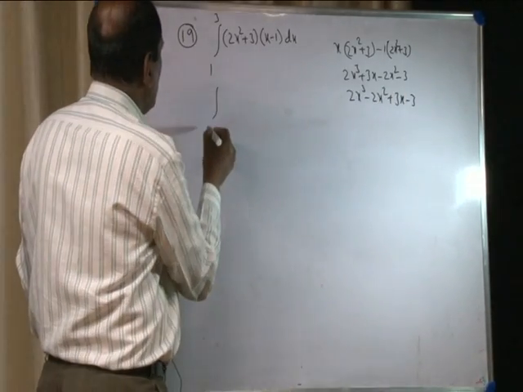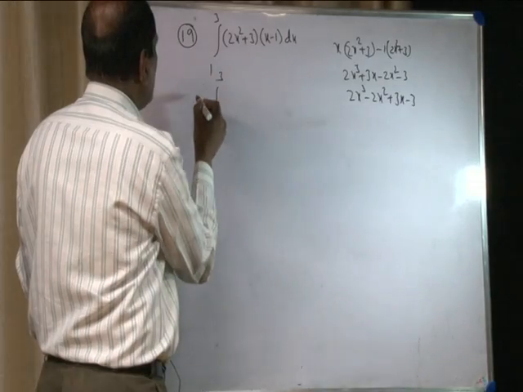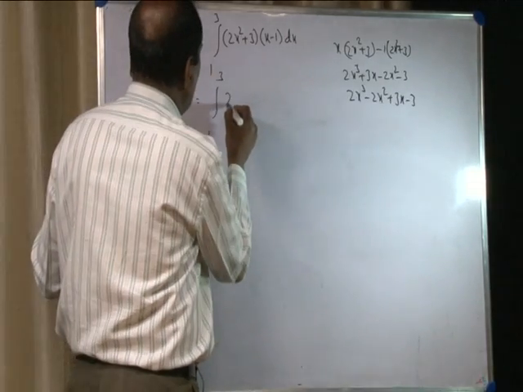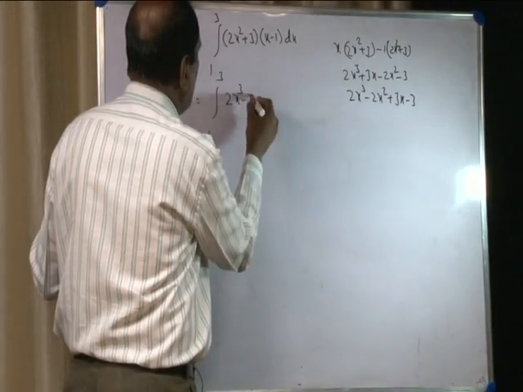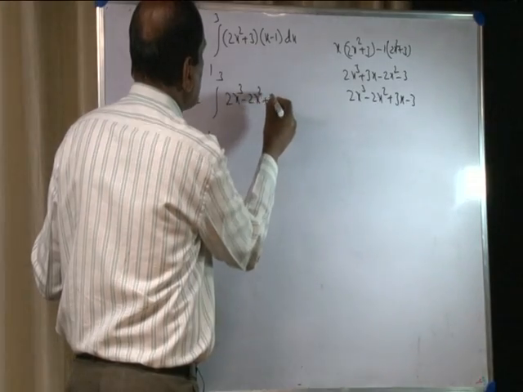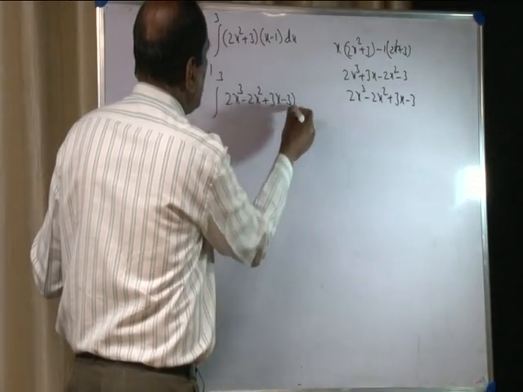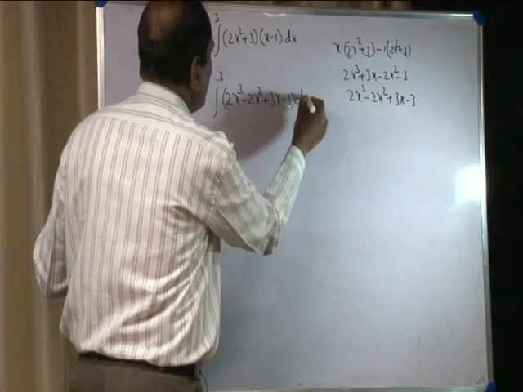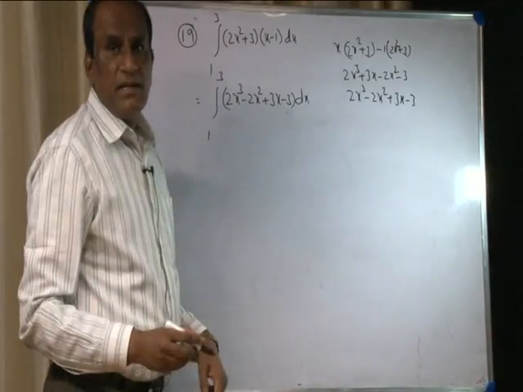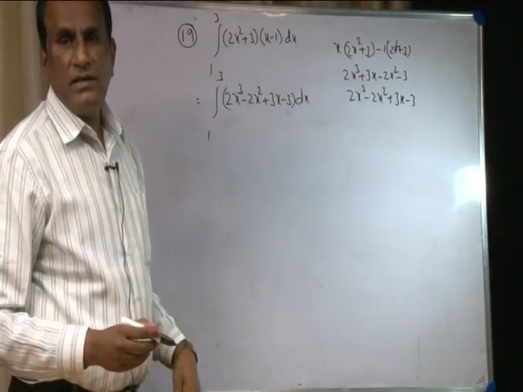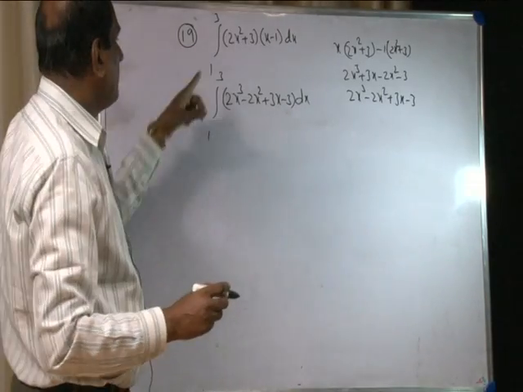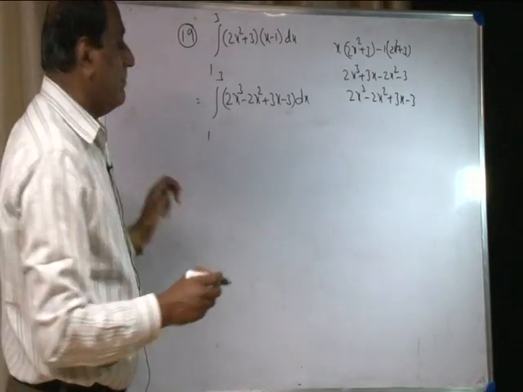Now, integral from 1 to 3 of 2x cube minus 2x square plus 3x minus 3 dx. There are 4 terms in the integrand, so split into 4 integrals or integrate term by term and apply the upper limit and lower limit.